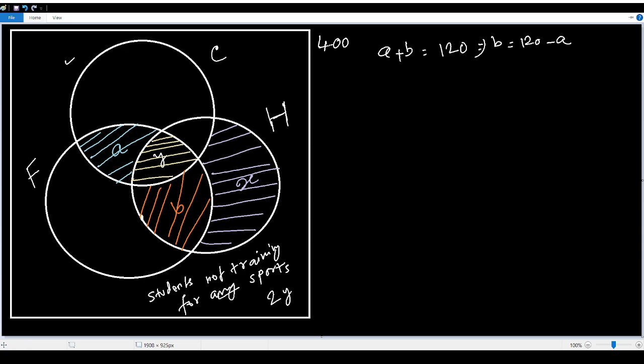X. Okay. As per this information, the number of students who are training for only football is twice that of the number of students training for only hockey. So for hockey I have taken X. So football will be how many? If hockey is X, it is going to be 2X.